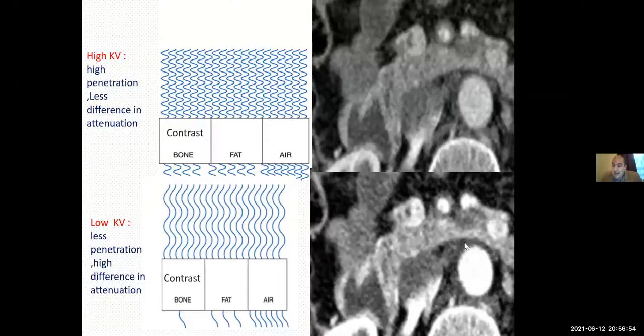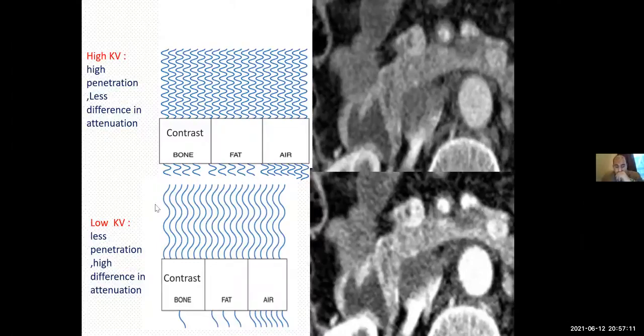So there is a great difference between the intensity of radiation transmitted in low kV than the difference in intensity of transmitted radiation in case of high kV. So this is the first reason.